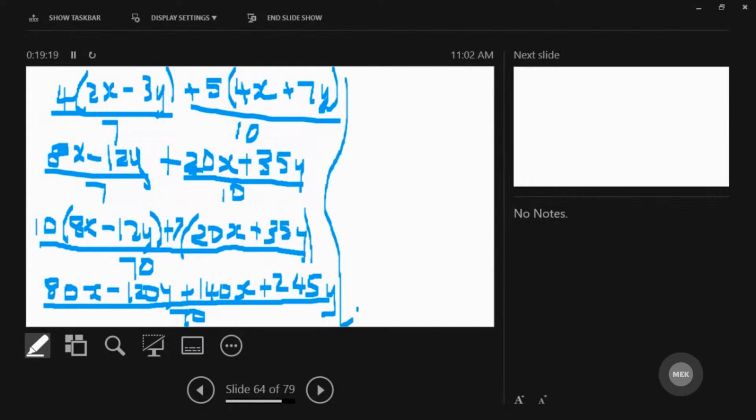So let me double check just to make sure I worked that out properly. Yes, 245. So simplifying now, combining the like terms, 80x plus 140x. So that's 220x.